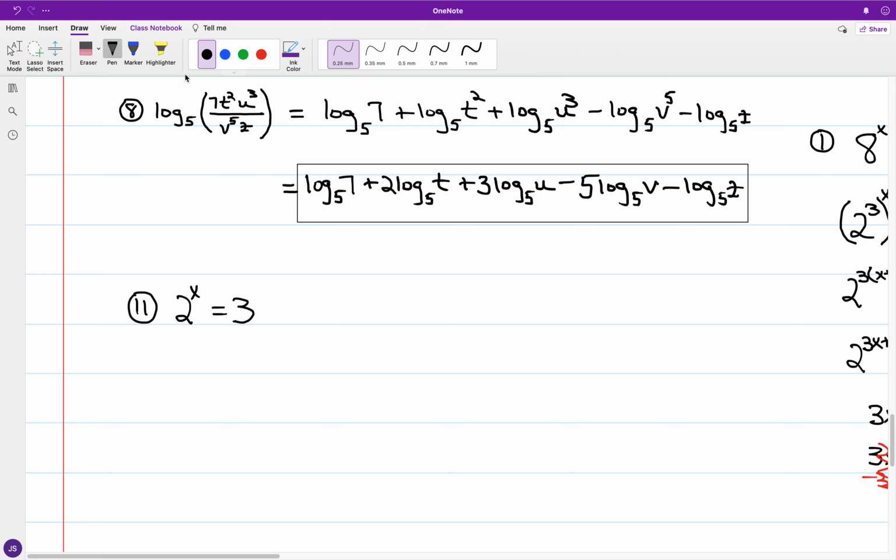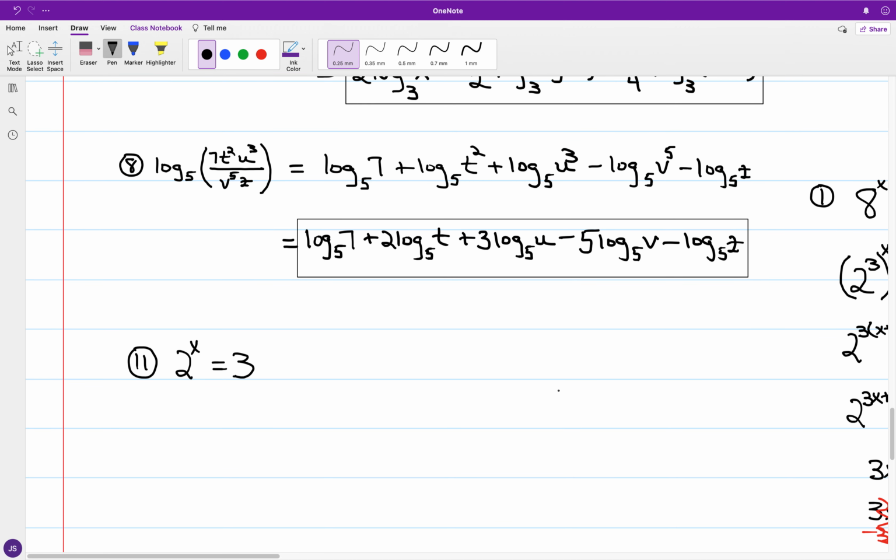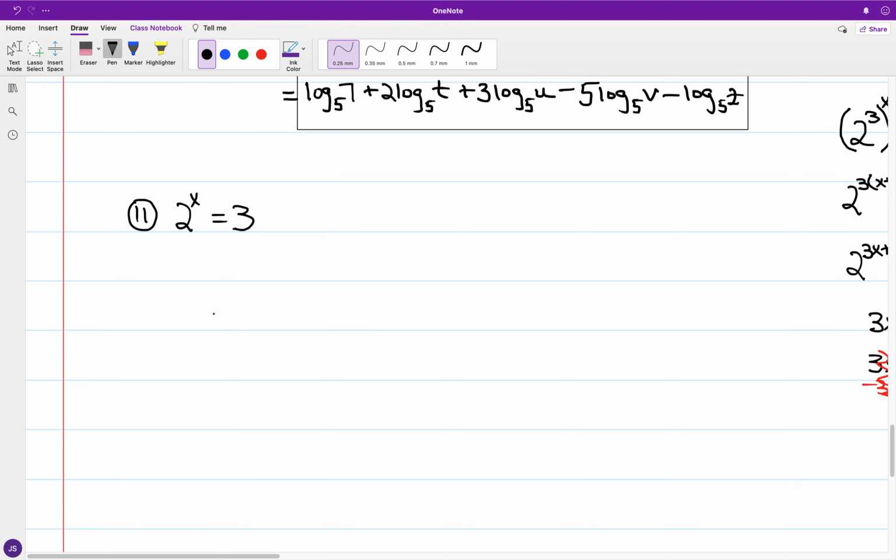Again, we have x on one side, and so I can knock out the 2 by applying the base 2 logarithm: the base 2 logarithm of 2 to the x is equal to the base 2 logarithm of 3. On the left hand side, the bases will cancel out, so we have x left over, and x is equal to the base 2 logarithm of 3.